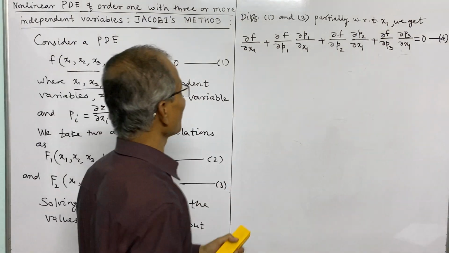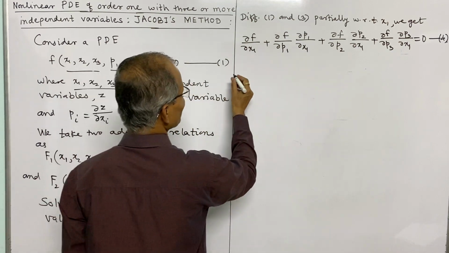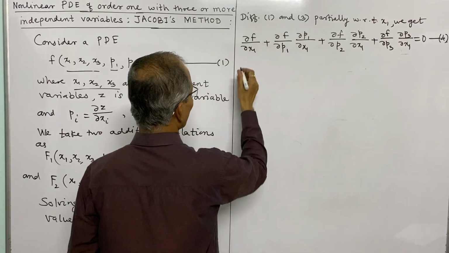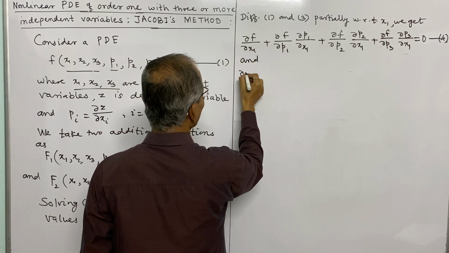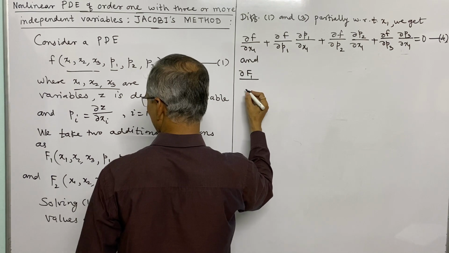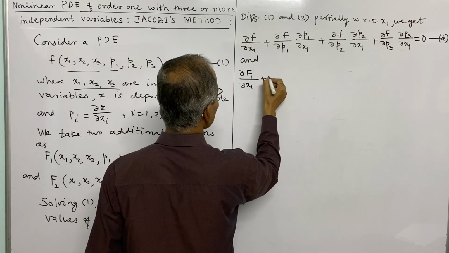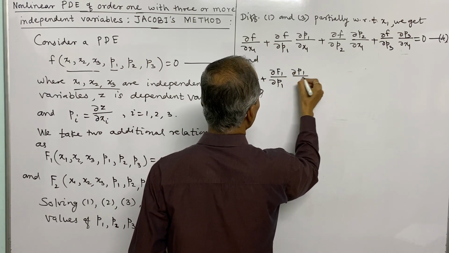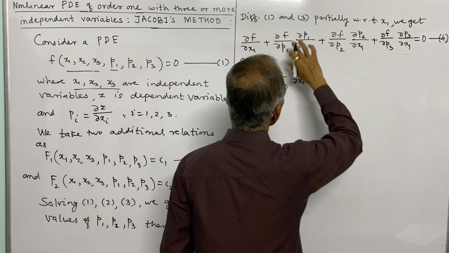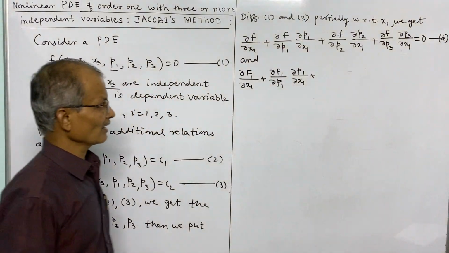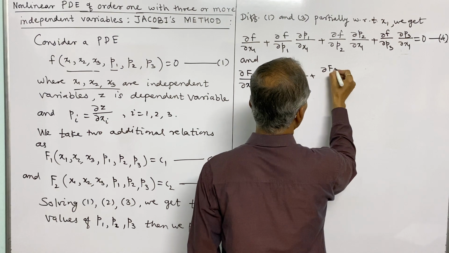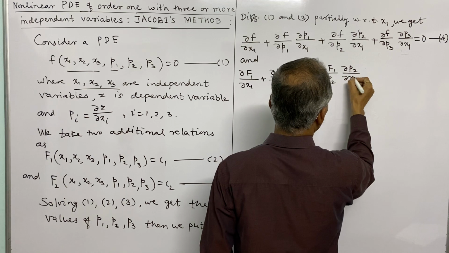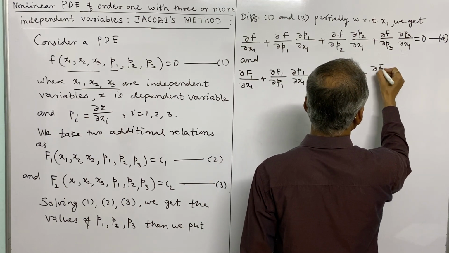So that is the only change for this second step: ∂F1/∂x1 plus ∂F1/∂p1 into ∂p1/∂x1, and so on. Only small f is replaced by capital F1. We are using the chain rule of partial differentiation.